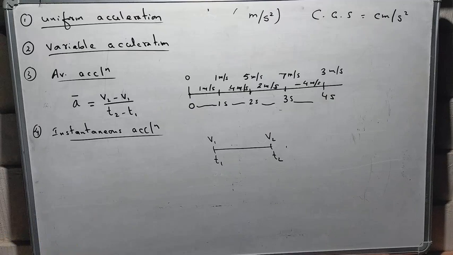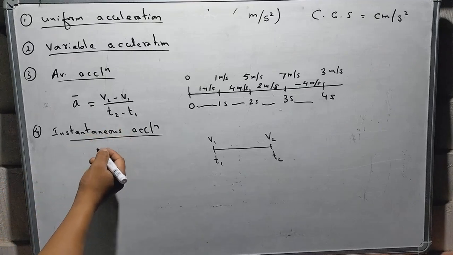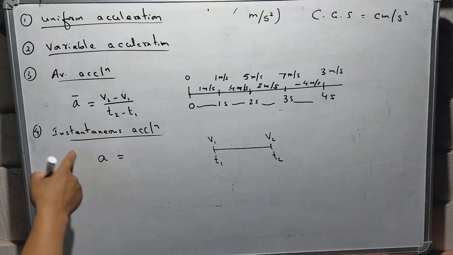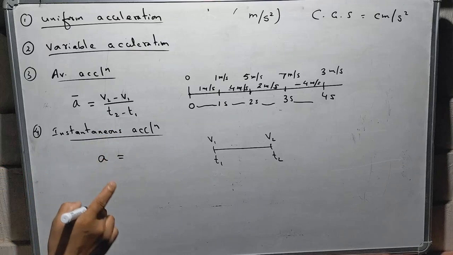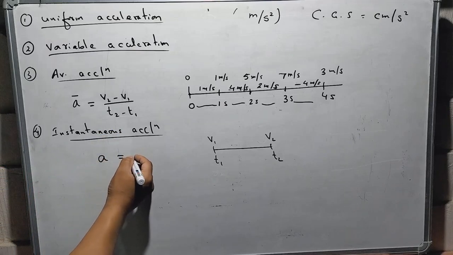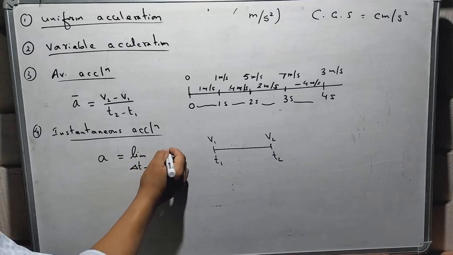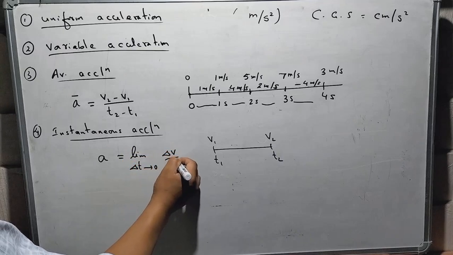We can prove this mathematically and graphically, just as for instantaneous velocity. You will get the instantaneous acceleration at a time t equal to the limit as delta t tends to 0 of delta v upon delta t.